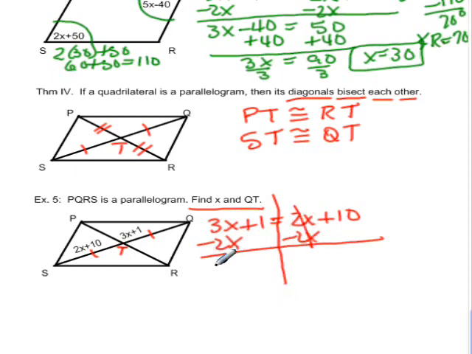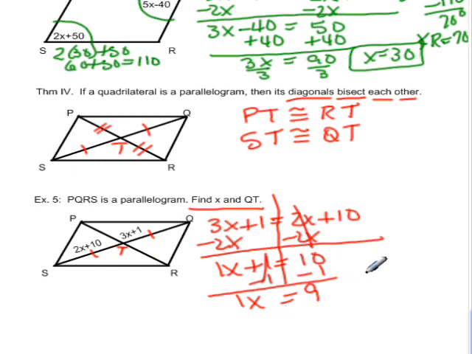So we end up with 1x plus 1 equals 10. Now we've got a number on the left and a number on the right, so we want to get these numbers on the right. So we have 1x is equal to 9, because the 1's disappear. So our answer is x equals 9. Okay?